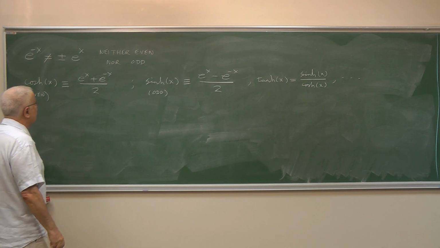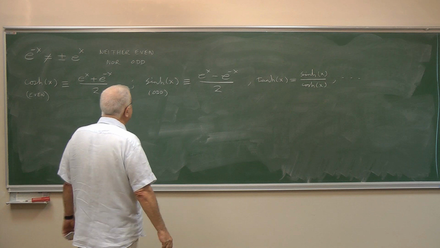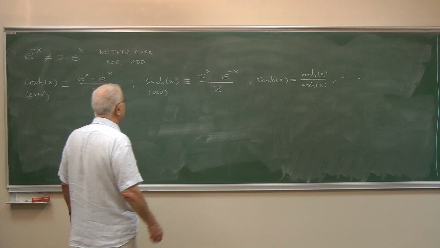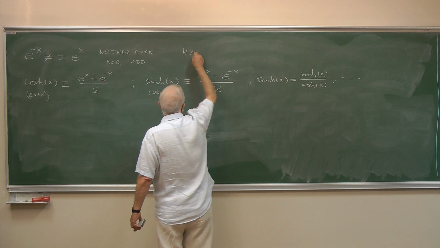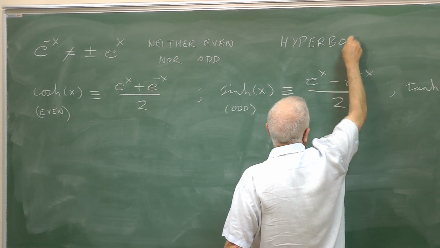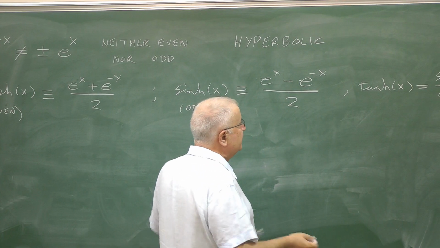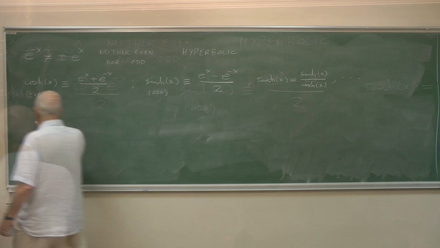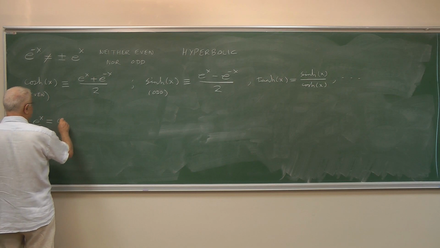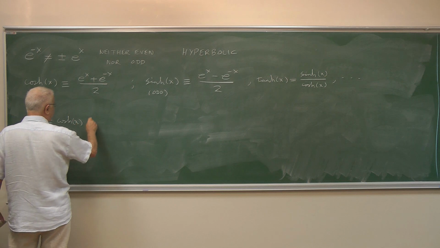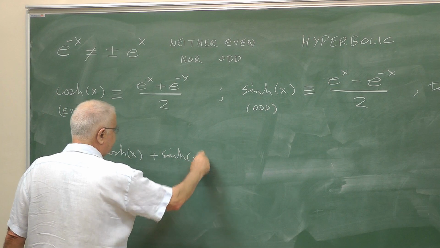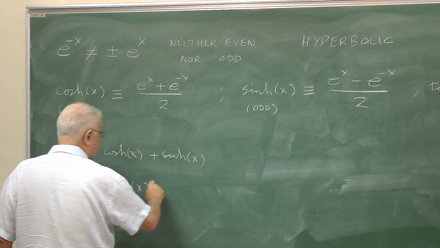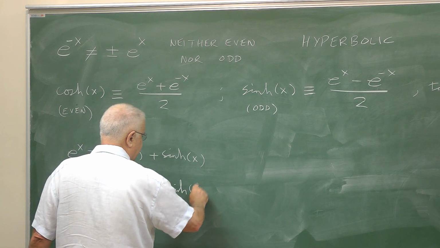Now, cosh x is an even function because if you change x into minus x, these two terms are interchanged, and in a sum, commutativity gives you a plus sign. Here, when you change x into minus x, these terms are interchanged, but in a subtraction, you get an overall minus sign, so this is odd. Now, just like we have the hyperbolic functions defined in terms of the exponential function, the reverse is also possible. For example, e to the x is nothing but cosh x plus sinh x, and e to the minus x is nothing but cosh x minus sinh x.